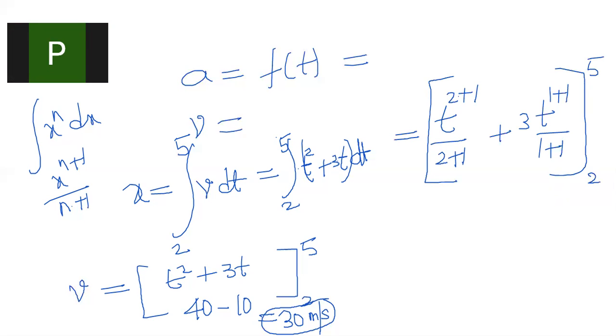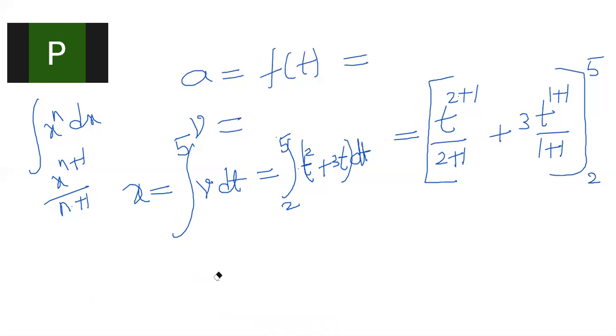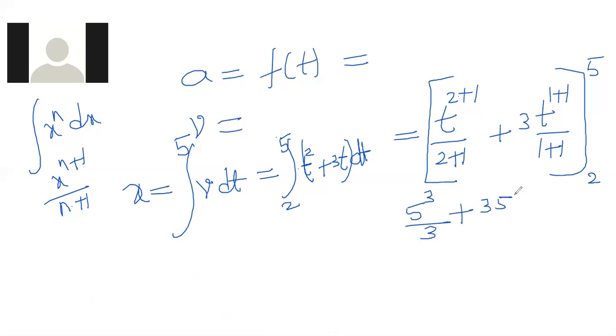Tell me now after substituting the limits. 5 cube by 3 plus 3 into 5 square by 2, very good.